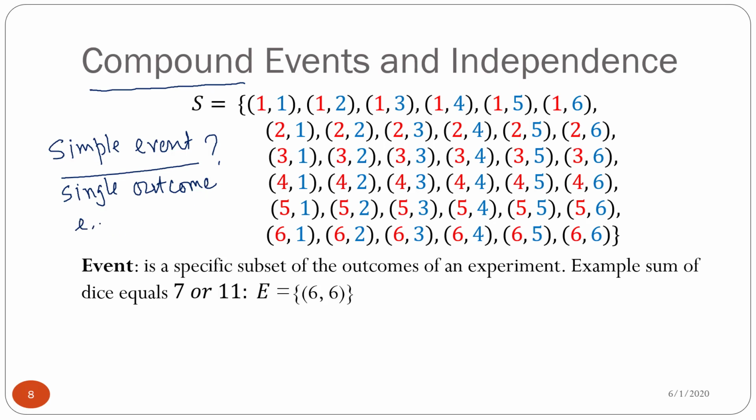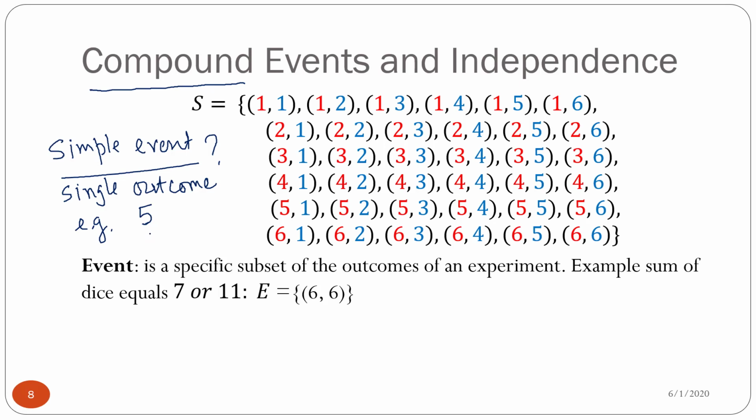Example, you'll say, okay, give me an example. So if you have just one dice, and you are asking what is the probability that you get the number 5 on the face. There is just one dice that you are rolling and you'll get an output, and you can determine whether it is 5 or not.